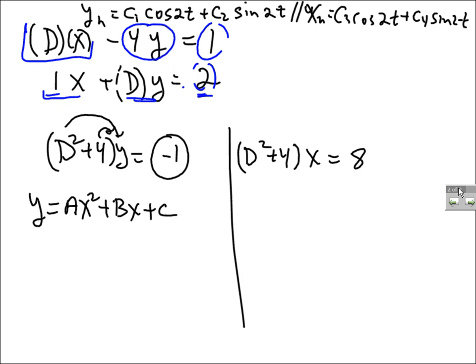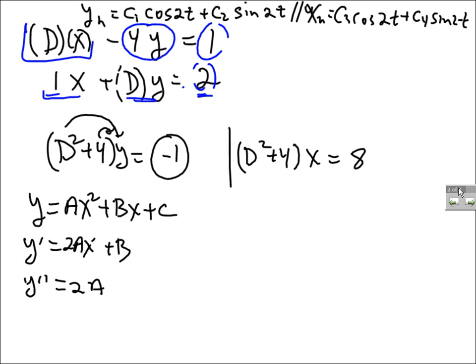That should be of high enough degree. Of course, a and b are going to end up to be 0. I hope that's clear. Now, y prime is going to be 2ax plus b, and y double prime will be 2a.